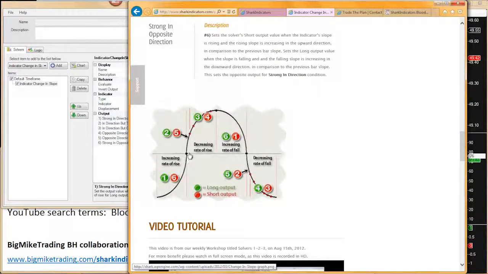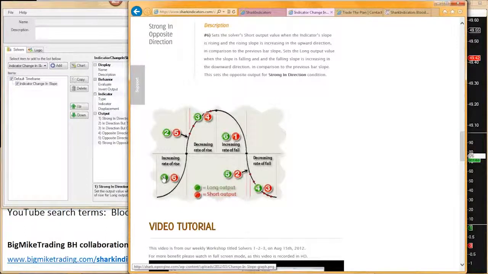Typically when indicators are rising, that indicates price is moving up. So that's indicative of a long situation. Your indicator is telling you that you probably should be in a long position. So when your indicator is rising, you're going to get a long output here.